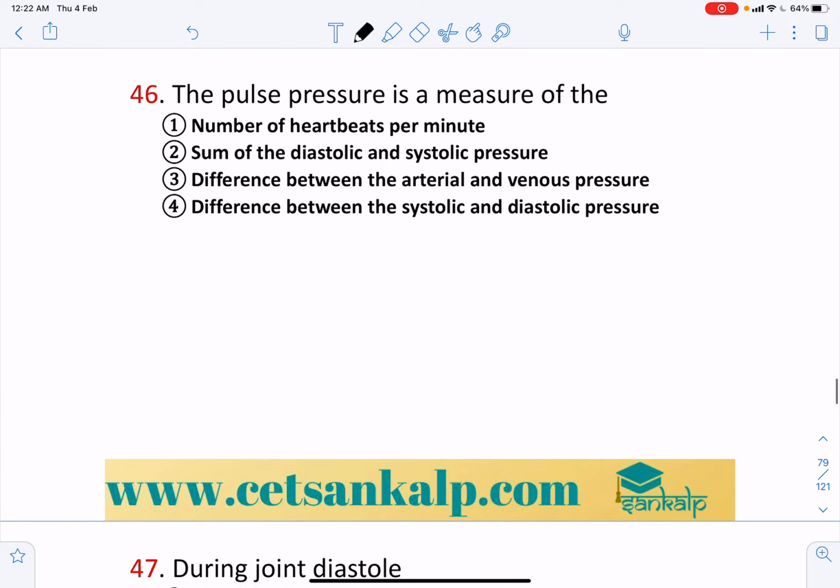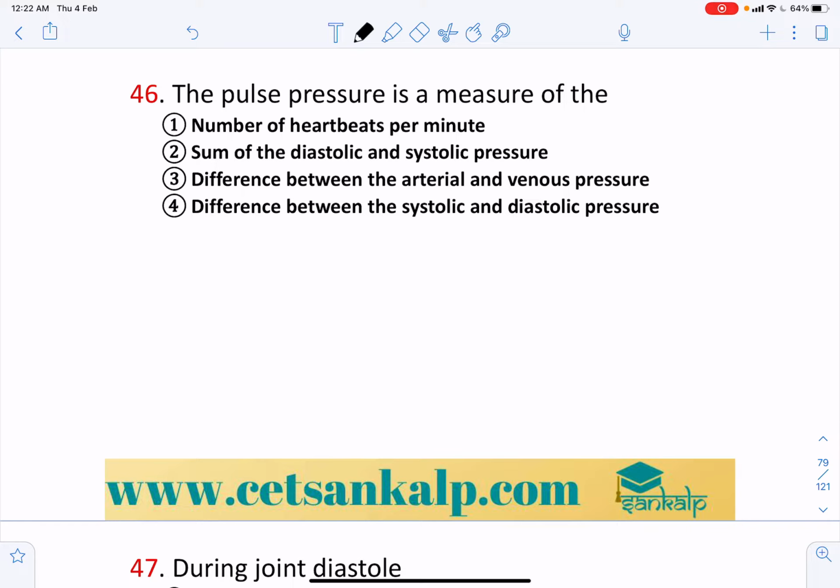Next, the pulse pressure. So what is the pulse pressure? We know that blood pressure is the pressure exerted on the arteries. The same applies in the case of pulse pressure. As we say for hypertension and hypotension, if the pressure is more than 120, it is hypertension, and so on.